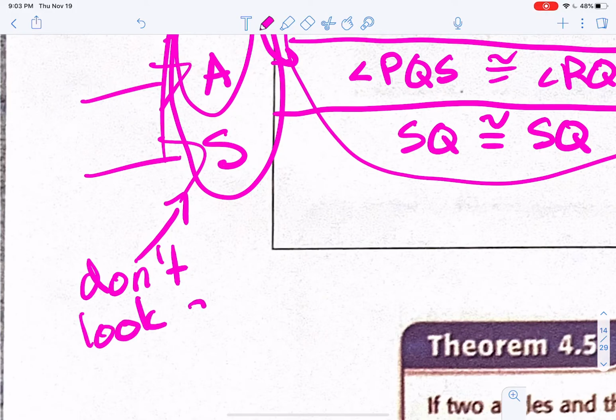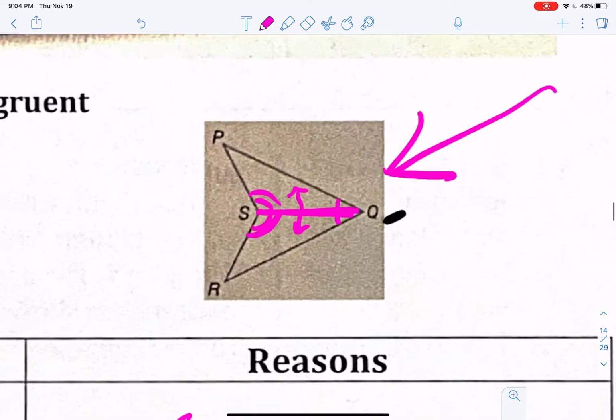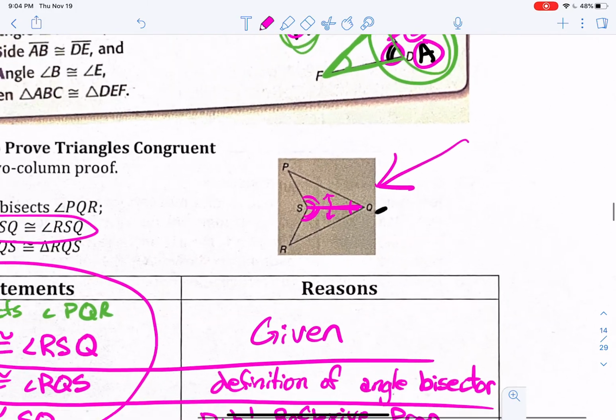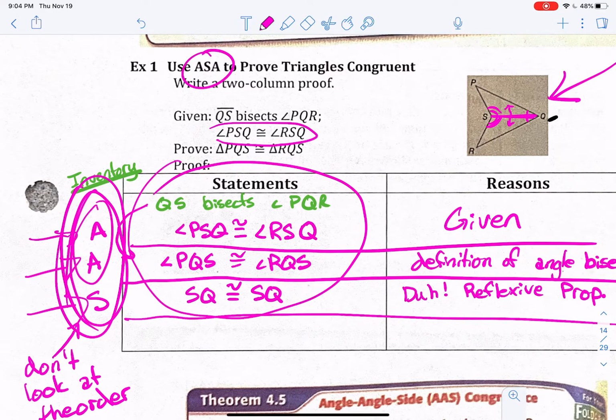This is not angle angle side. This was actually angle side angle, because according to the diagram is where we find which one it is. This was an angle, side, and then an angle. The side was actually in between the 2 angles. So don't look at the inventory over here to determine the type. Just because we put it in a different order doesn't mean it's not still angle side angle.